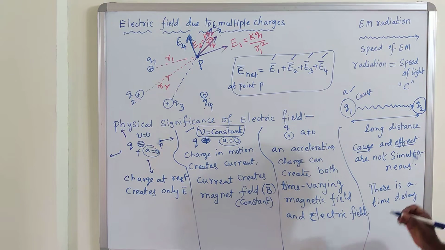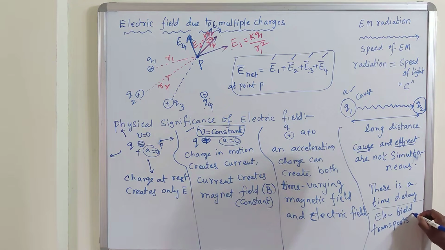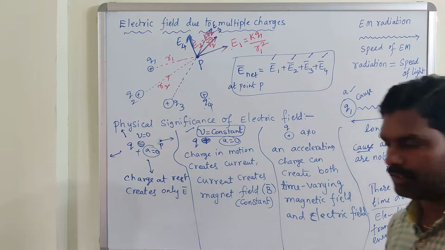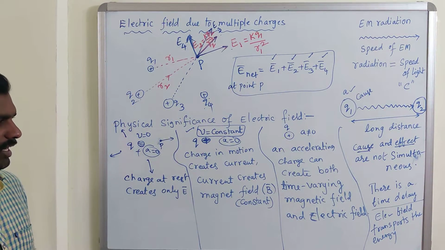And another important aspect of electric field is nothing but electric field transports the energy. It transports the energy from one place to another place. Electric field can transport the energy from one place to another place. These are the physical significance of electric field.